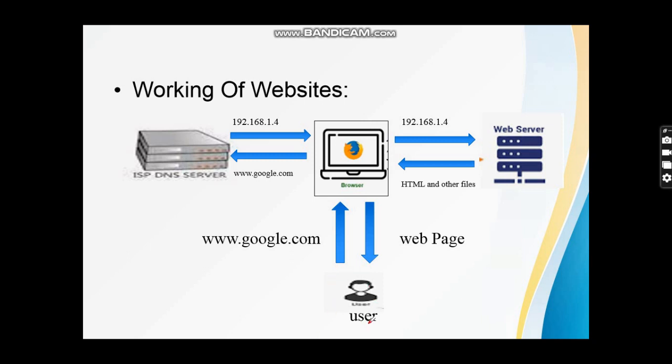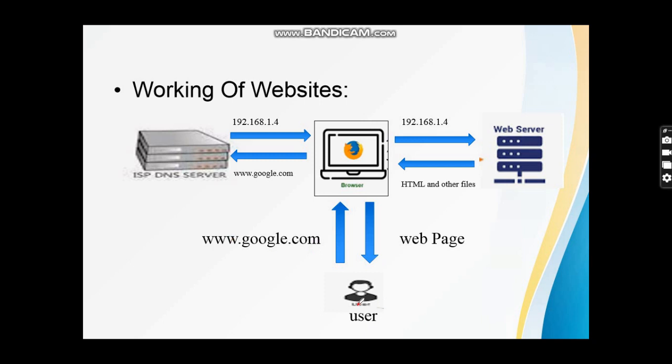Now when the user enters something like google.com, okay, what did the user do? It enters www.google.com. Now this request goes to one of the many computers on the internet known as a domain name server.